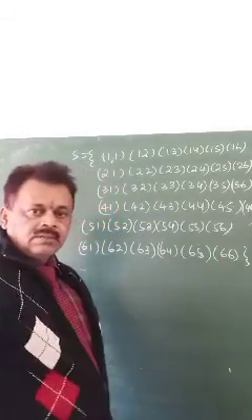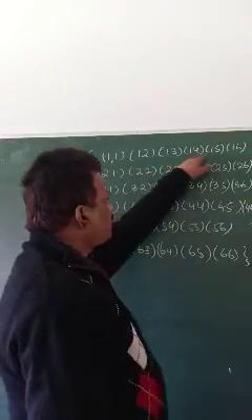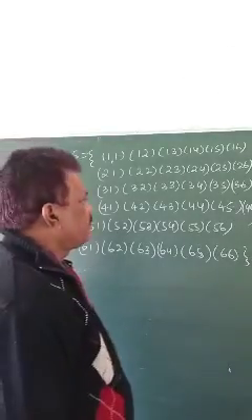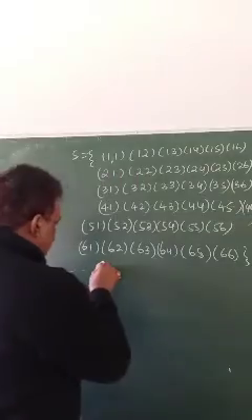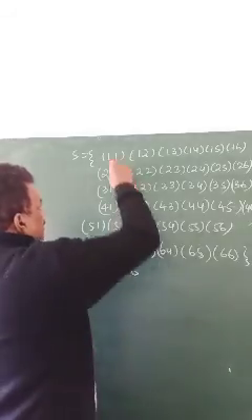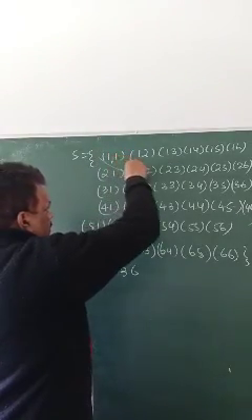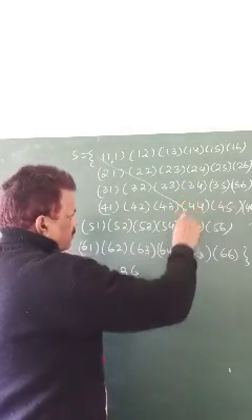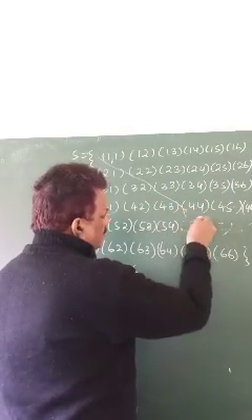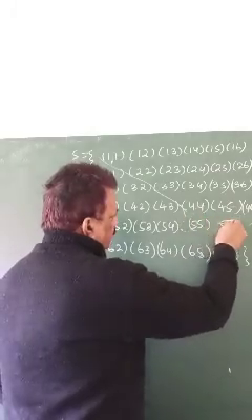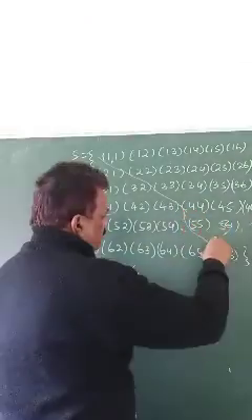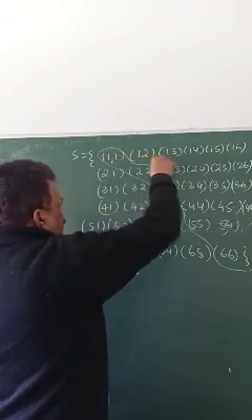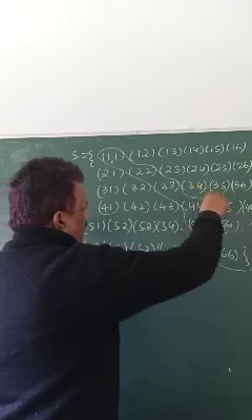Count: 1, 2, 3, 4, 5, 6, 1, 2, 3, 4, 5, 6. Okay, so the total is 36. I am making a mark on this. Try to understand. Look at this number.